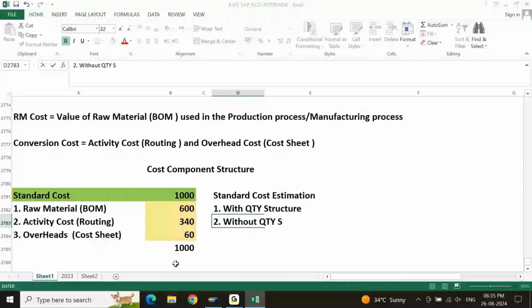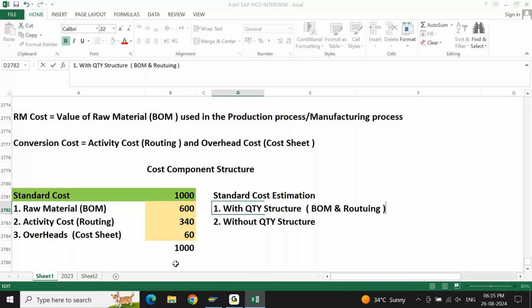Whatever we have given as 1000, is it classified as with quantity or without quantity? With quantity includes BOM and routing. Without quantity means no BOM and no routing.